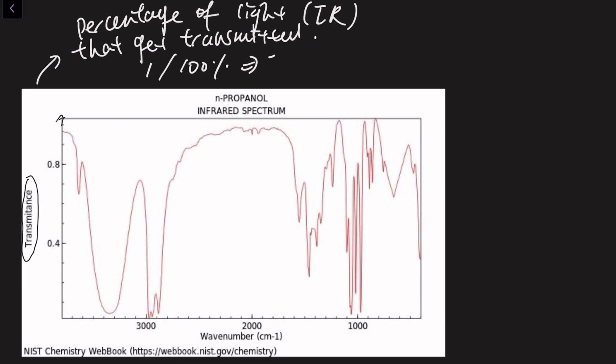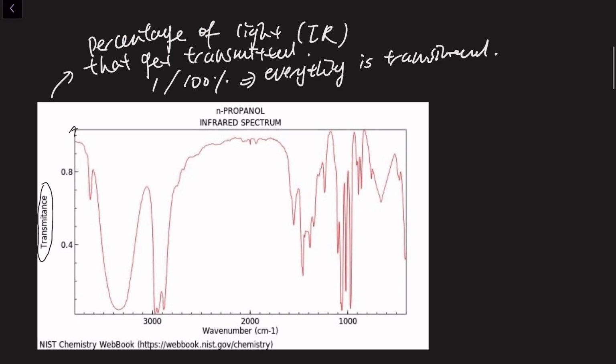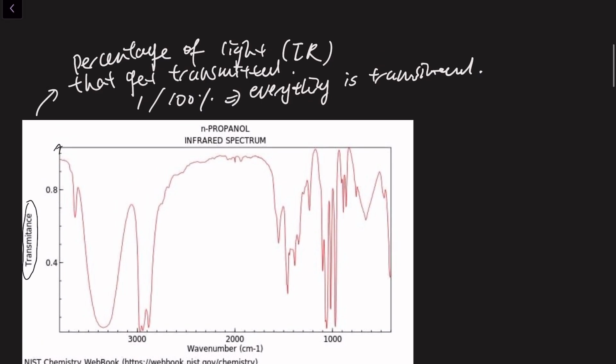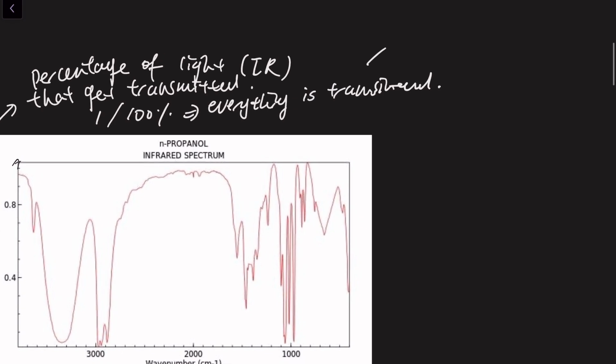This means everything is transmitted, so this particular wavelength is not absorbed by this chemical compound. Everything has been passed through. And this is really rare. In real life, there's always some small loss.